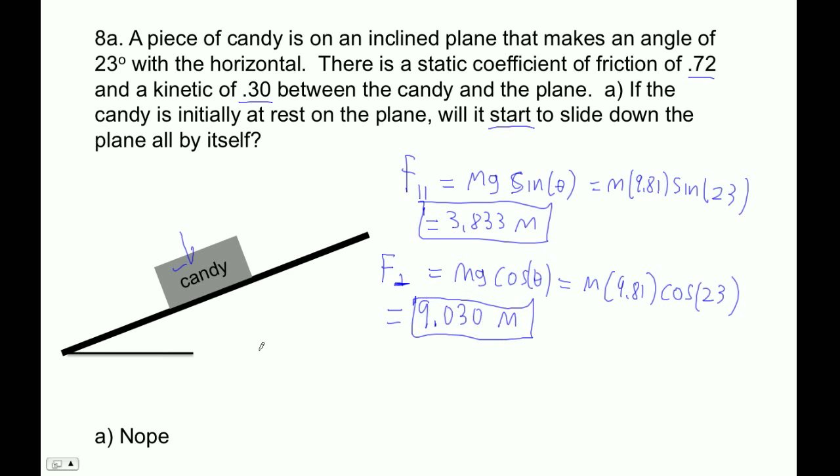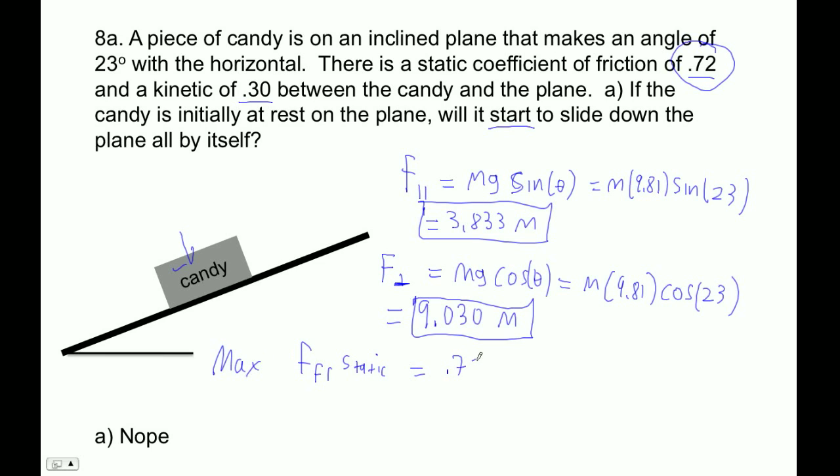Then we need to find the force of friction, the static force of friction. Right, and that's going to use this static coefficient. This will be the maximum static, right? This is as big as it can get.